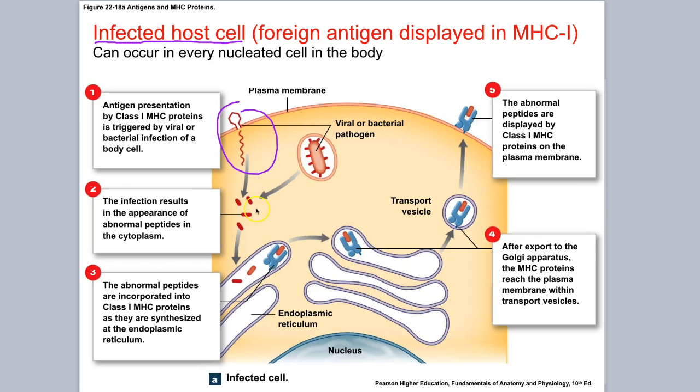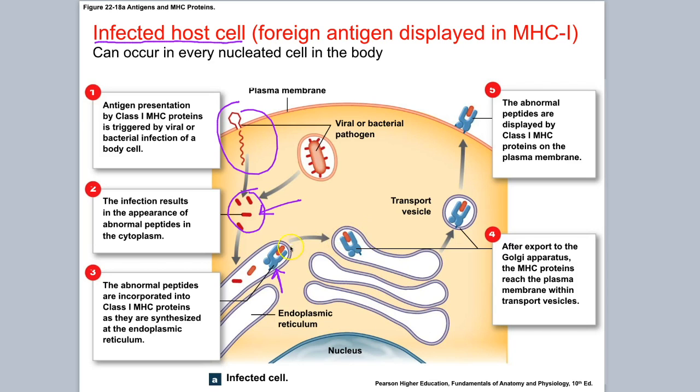Once this cell is infected, we're starting to make the pathogen inside of this cell, or there are some bacterial peptides, some little bacterial proteins inside of the cell. So when this cell, as part of its normal everyday activities, produces MHC1 to give a report of what's going on inside of here, it happens to grab one of these foreign proteins, one of these little foreign particles.